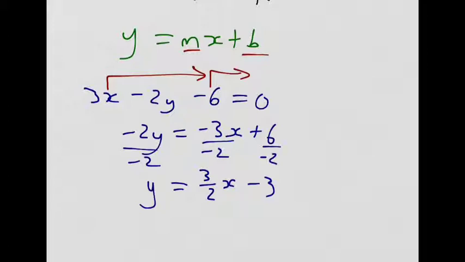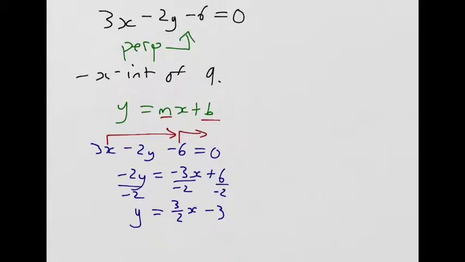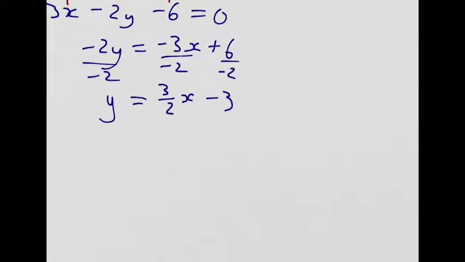Okay? So, can you tell me the slope of our new line based on that? 3 over 2? Negative 2 over 3. I want it to be perpendicular to this line, so I need to flip it and throw a negative in front.